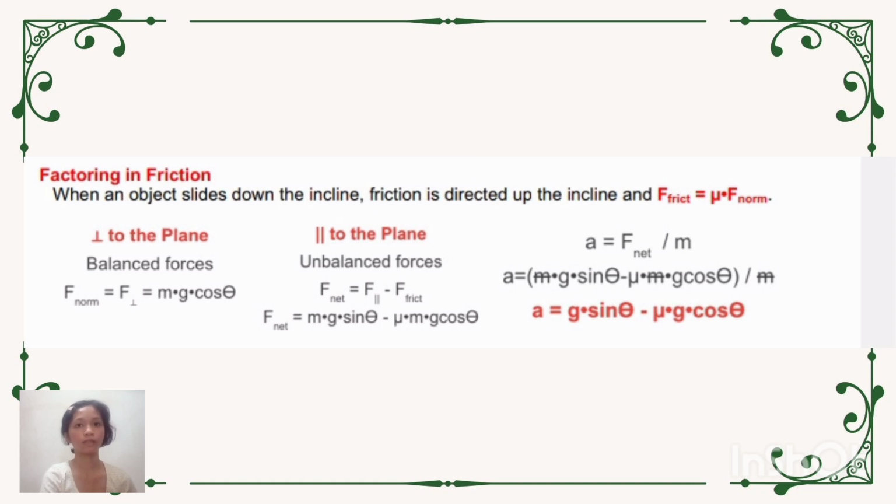Therefore, the net force is F net equals m times g times sine theta minus mu times mg cos theta. Then we use Newton's second law, substitute F net, and cancel out the mass. Now we're left with a equals g times sine theta minus mu times g times cos theta.